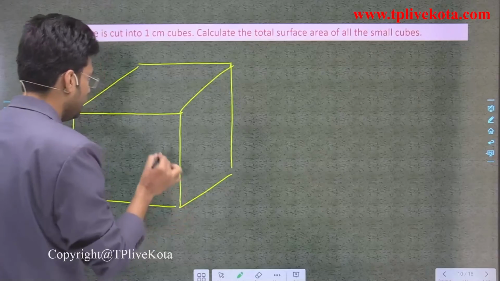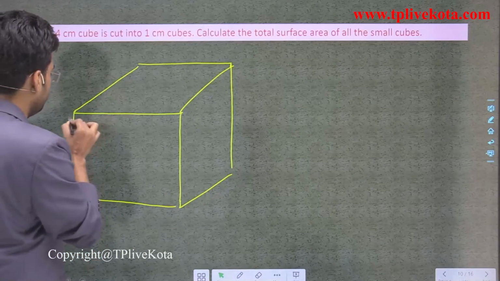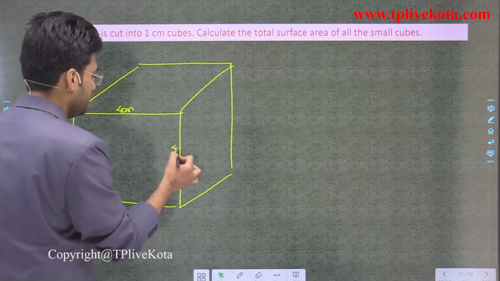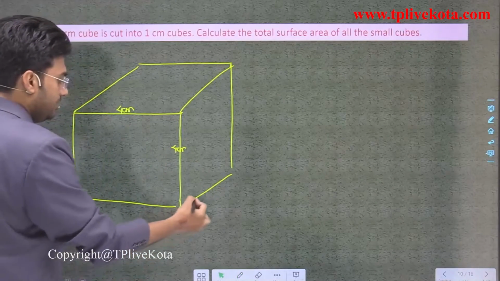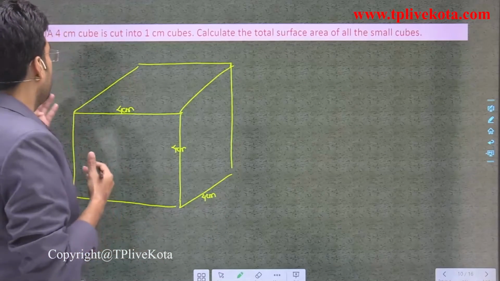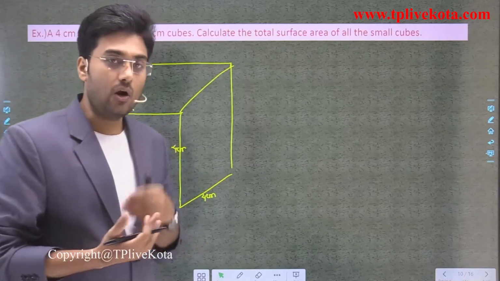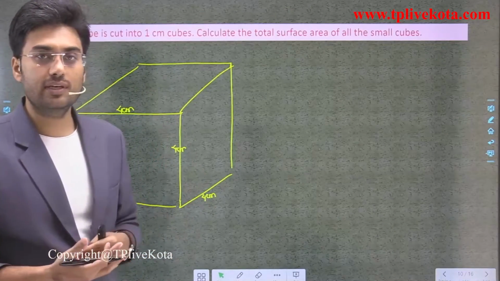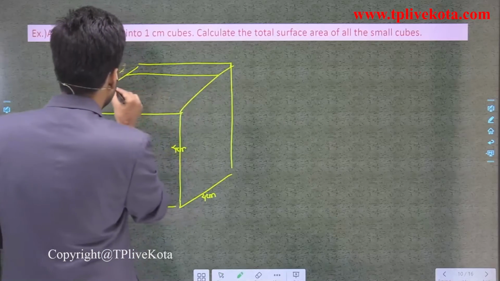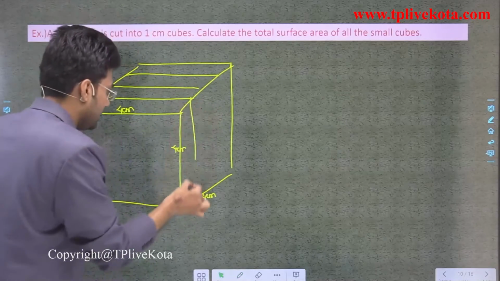Clear? This is 4 centimeter, and this is also 4 centimeter, and this is also 4 centimeter. Now it is cut into 1 centimeter cubes. How can we cut it into 1 centimeter cubes? By dividing this direction in 4 equal parts, and this direction also.